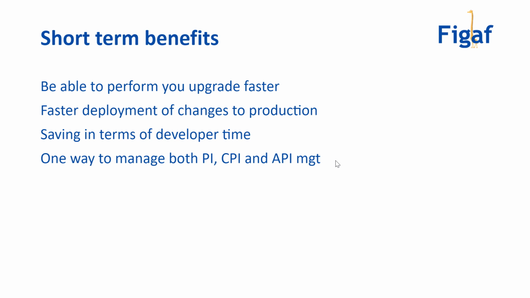You'd also get faster deployment of changes to production, because as you saw, it's able to document all your changes and run all of these components, and with that you can speed up the development. You don't need to spend as much time on QA for these changes, and it saves time for the developer, meaning it will be a lot cheaper to make all the new interfaces that are required.